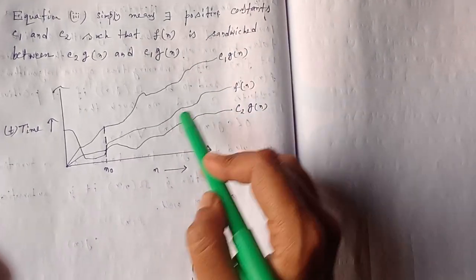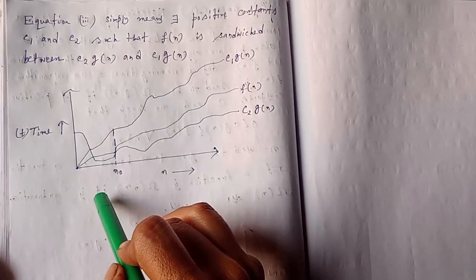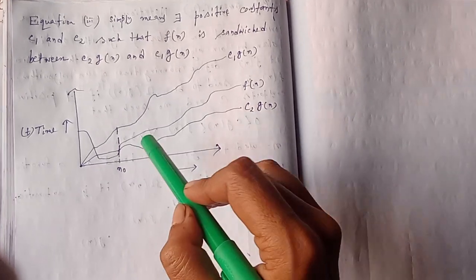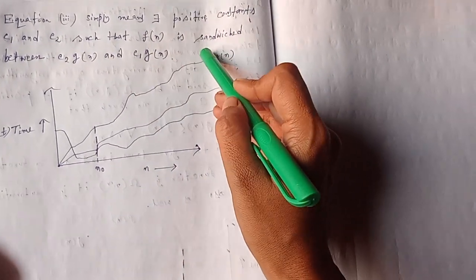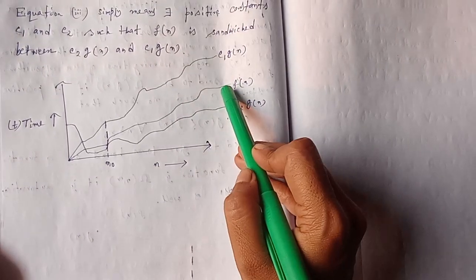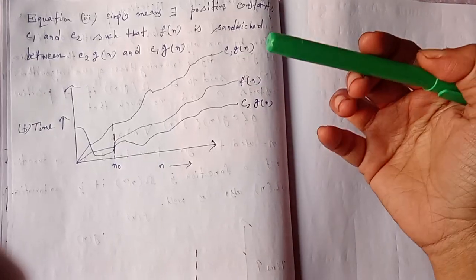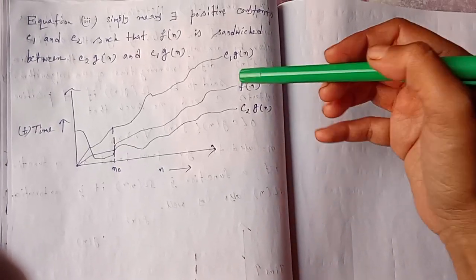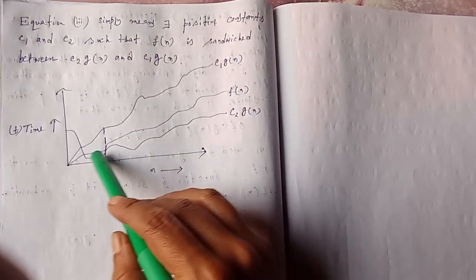You can see that here we have our n0, and for all n ≥ n0, our conditions are satisfied. That is, f(n) is sandwiched between c2 g(n) and c1 g(n). So, f of n is big theta of g of n because it is satisfying both. It is at the same time big O of g of n and big omega of g of n. By this graph, we can easily see that.